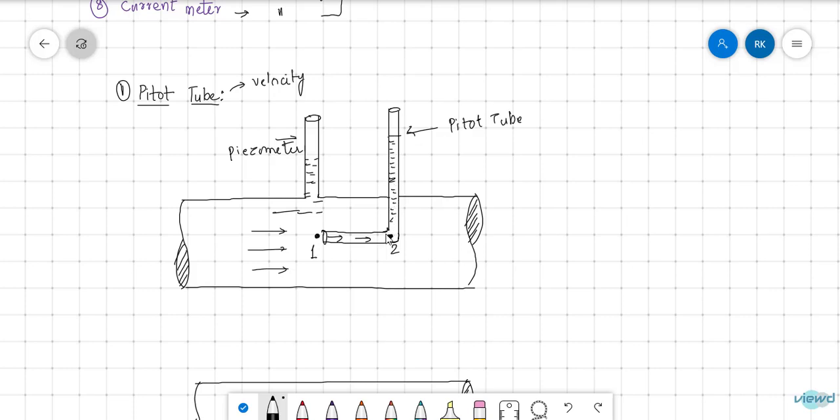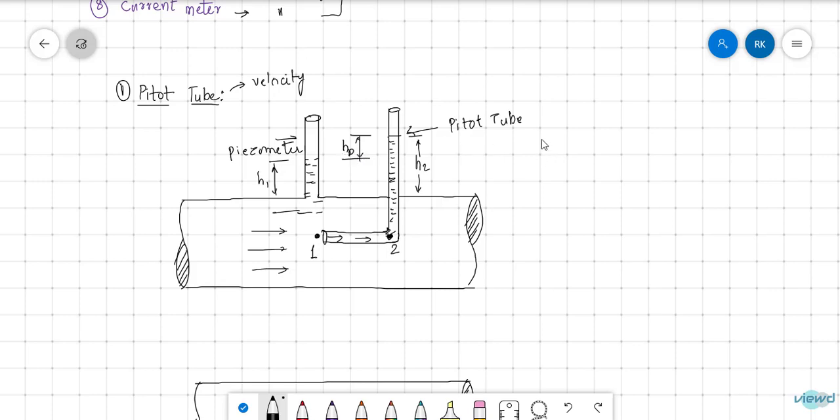The kinetic energy at 1 is converted to pressure energy at 2, so the total pressure energy here will be increased. Let me say this is some H. This is H1. This is H2. And this is the dynamic one, HD.